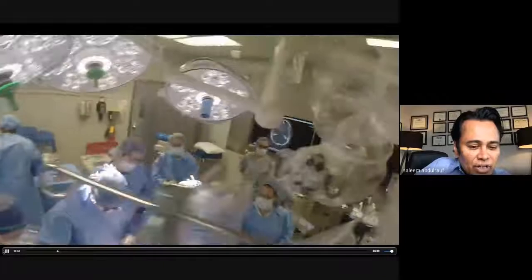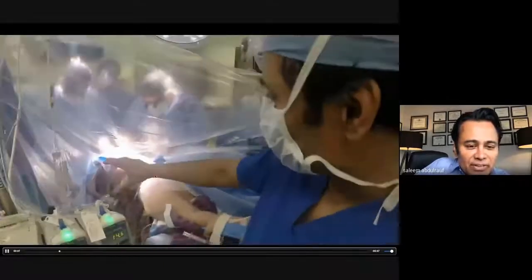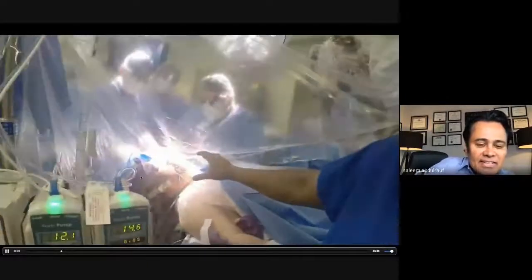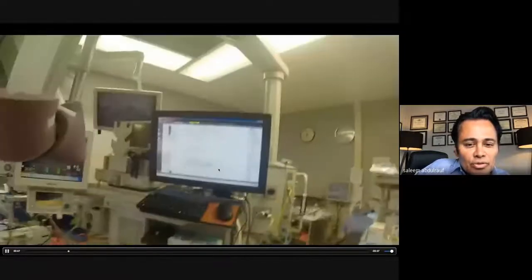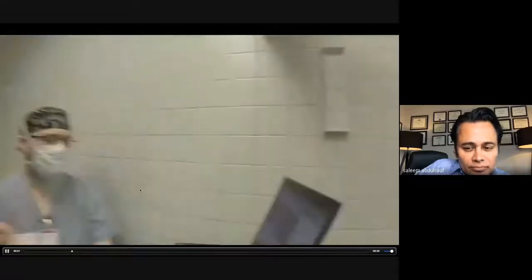This patient is sleeping but is not intubated. It's got a face mask on. It's sedated. Tom, tell us what you see in the EEG.